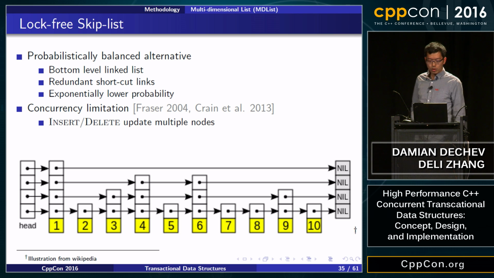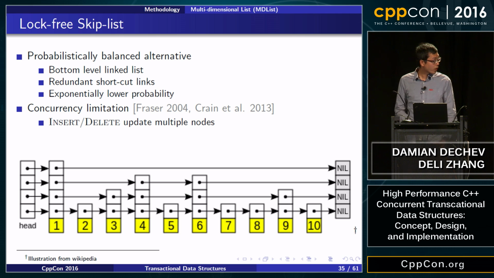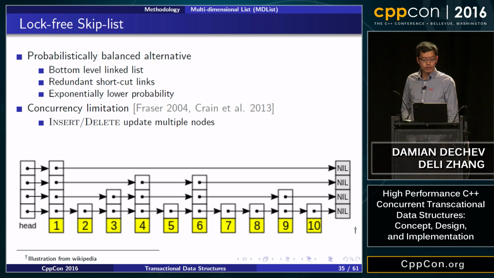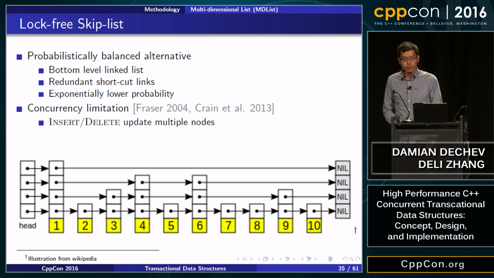One problem with the Skiplist is that the insert and delete operations modify multiple nodes. What I mean by this is, consider inserting nodes 4 and 6 in the Skiplist. Inserting node 4 requires us to modify links on nodes 1 and 3. Inserting node 6 requires us to modify links on nodes 1, 3, and 5.